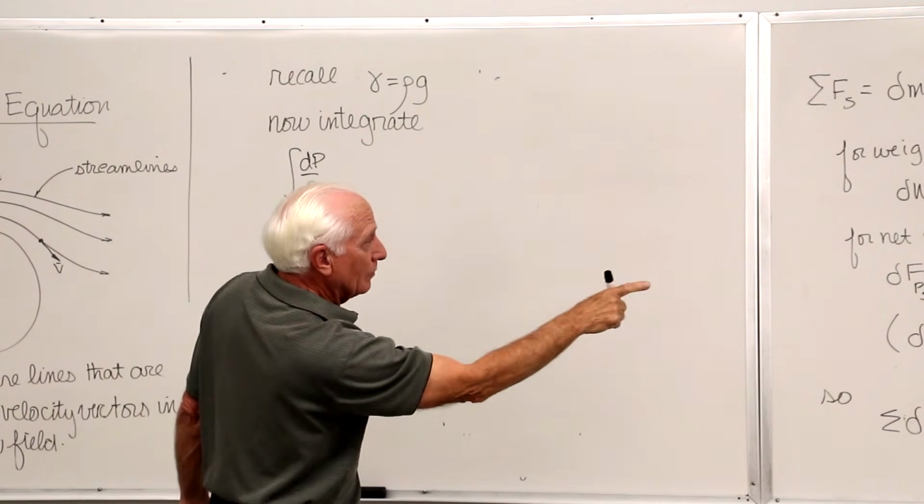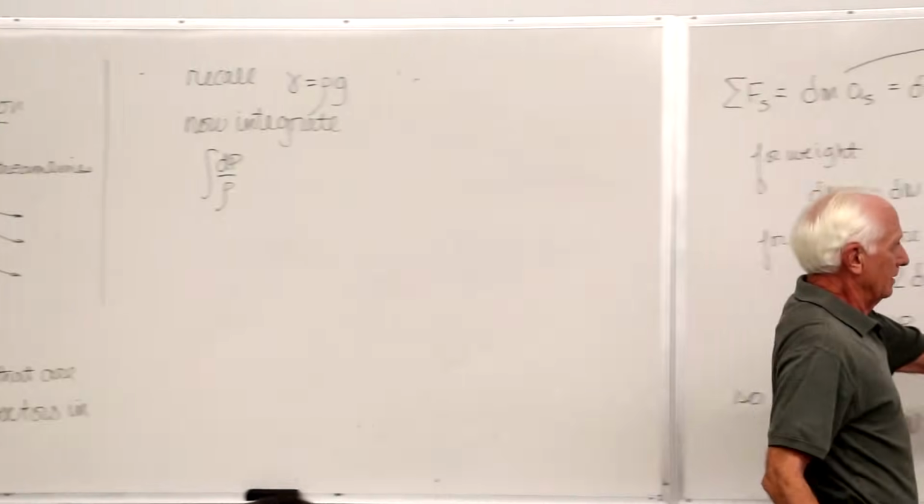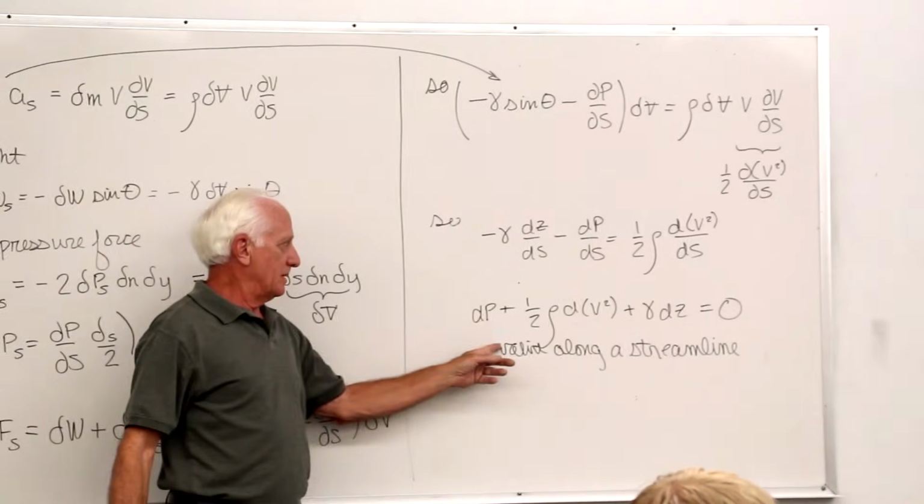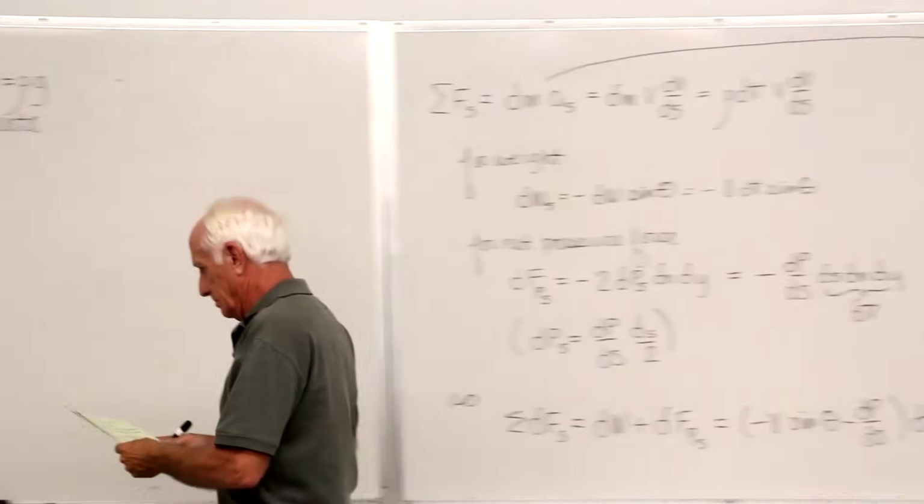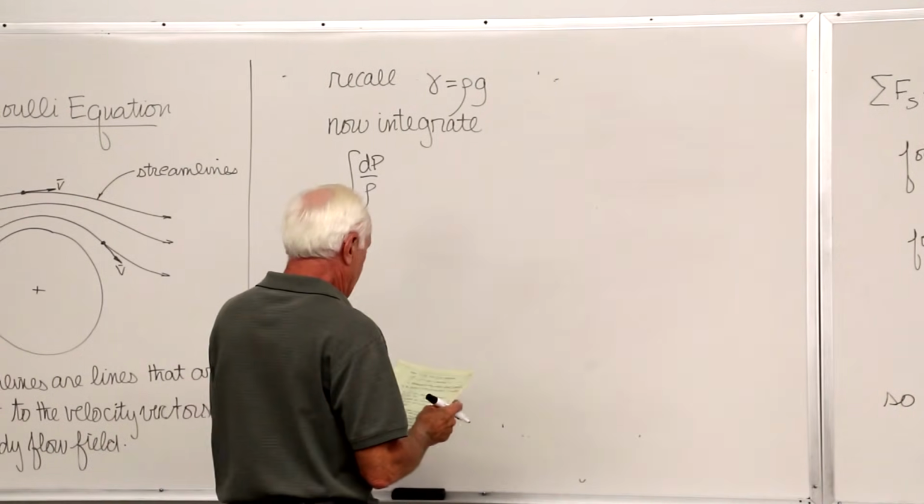Here are the terms. Divide through by rho: dp over rho, and 1/2 V squared.